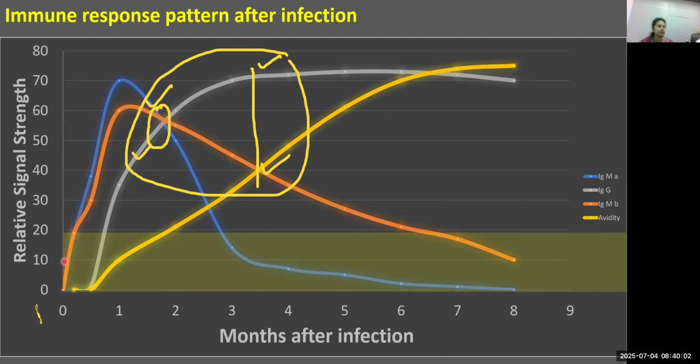Each lab will have a slightly different cutoff, but if they report about 60 to 70% avidity, then you can say that it is a past infection, at least 4 to 6 months, and the risk of transplacental transmission is negligible.